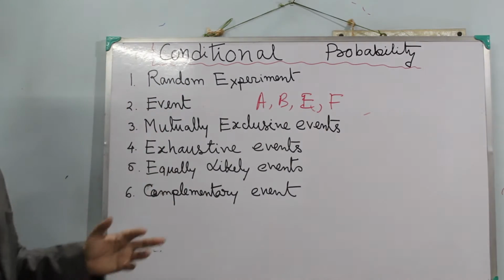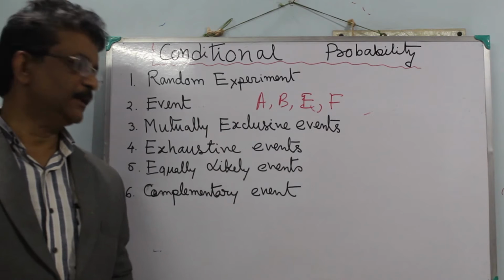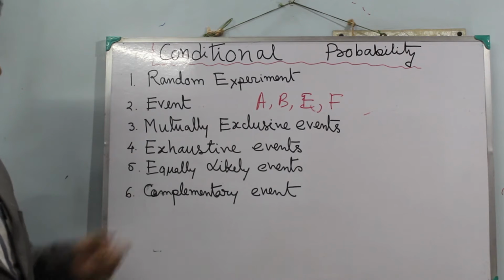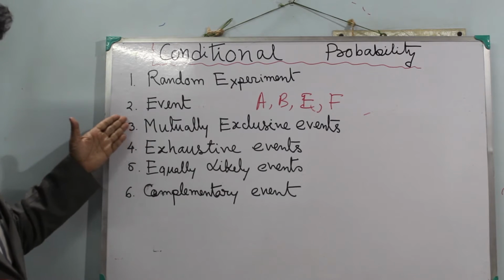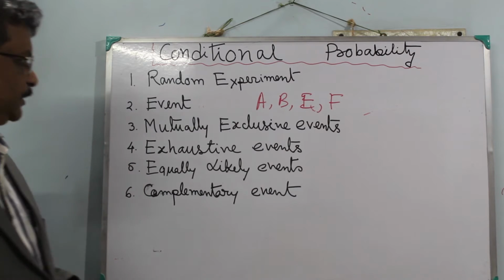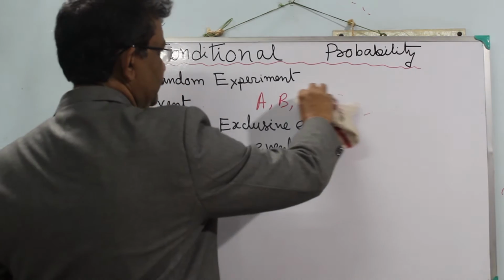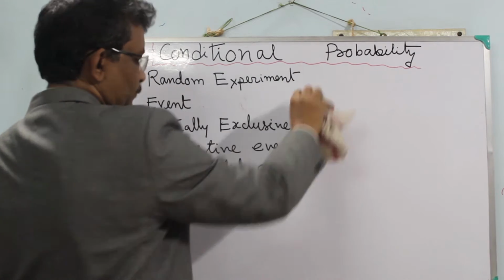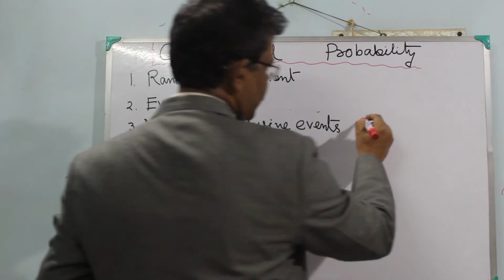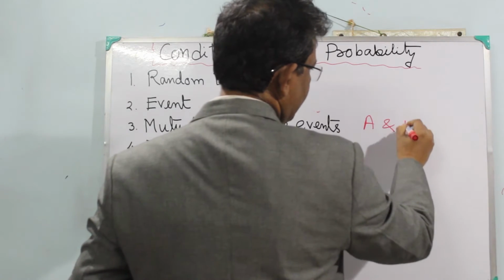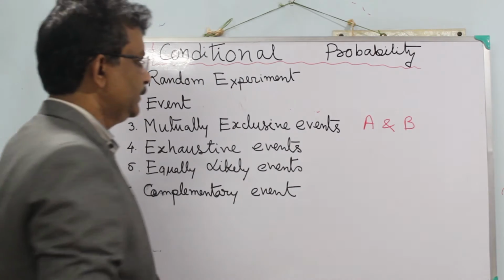Here we will discuss some different types of events. What is a mutually exclusive event? Suppose there are two events, A and B.